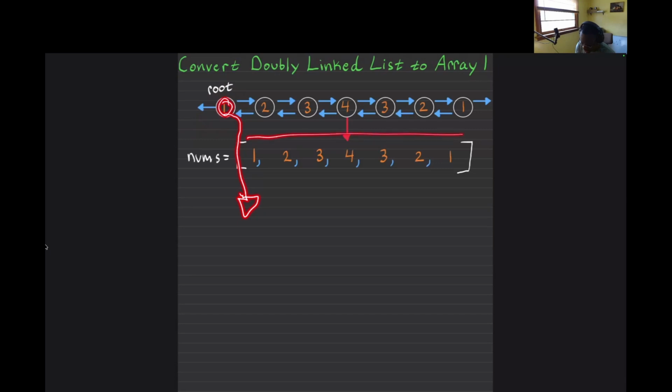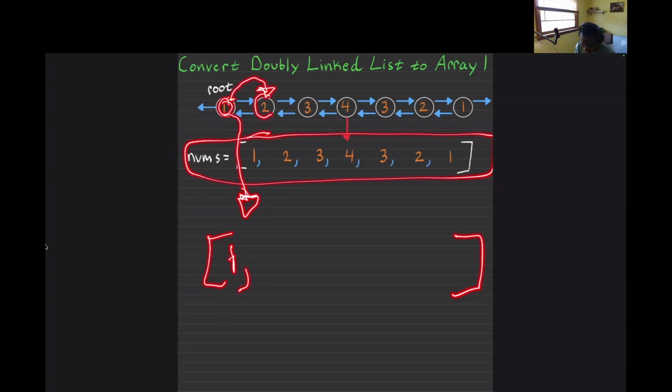This is going to be the output array, by the way. We're going to append that value to an empty array when we start, okay? And then we're going to get back to our linked list and move the current node to the next node, okay? And then we're going to add that value and keep going and so on, right?